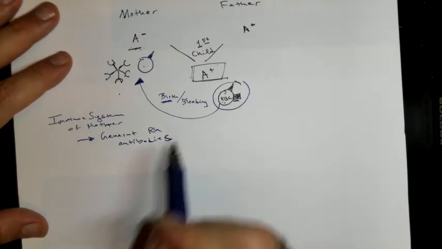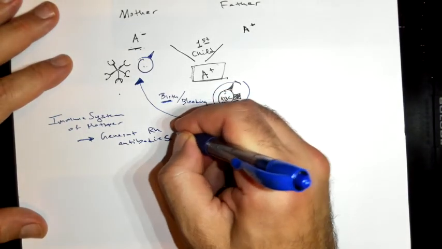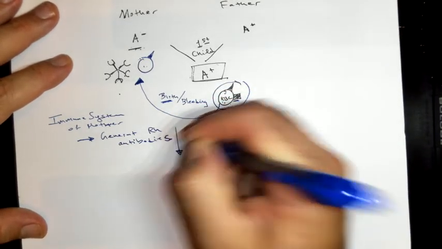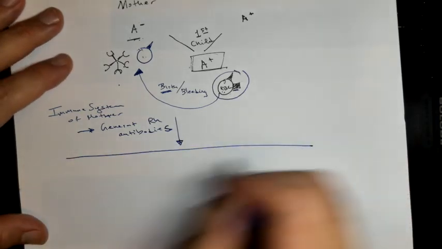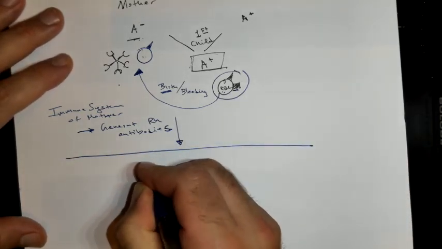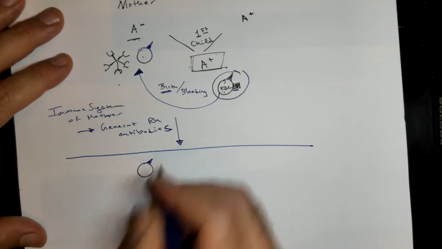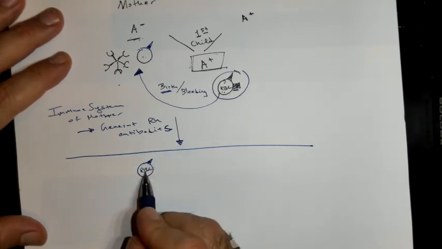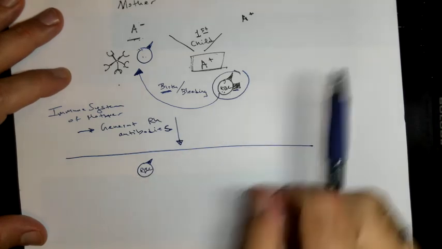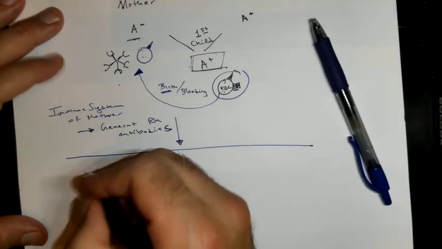And now, after this first child, her blood is going to look slightly different, won't it? It'll have, of course, that same RBC will not change, right? The RBCs don't change, but her plasma will have changed.